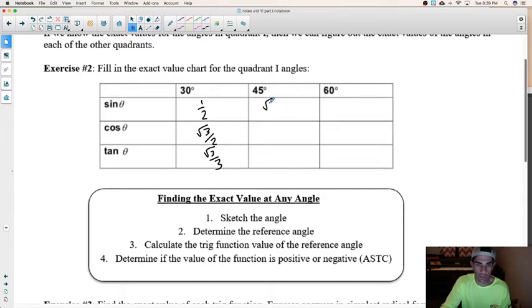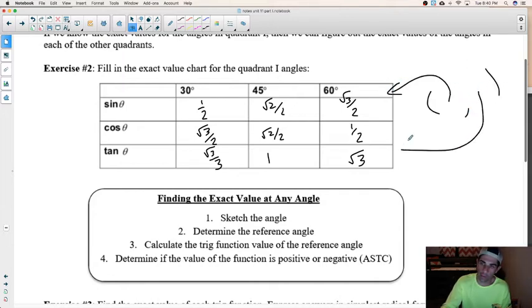This is radical 2 over 2, your radical 2 over 2, and your 1. Radical 3 over 2, 1/2, and radical 3. And again, if you memorize, take a look. These are basically where you're getting sine and cosine. That's where these points are coming from.